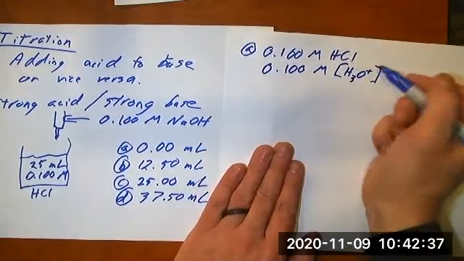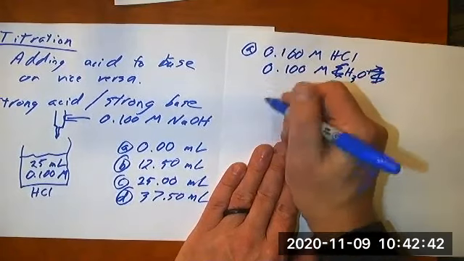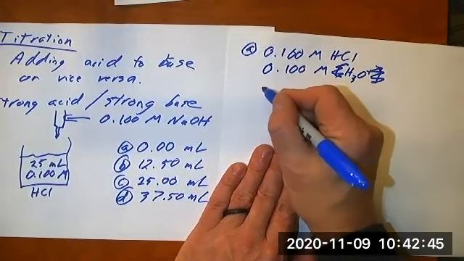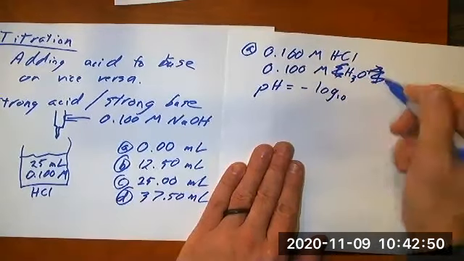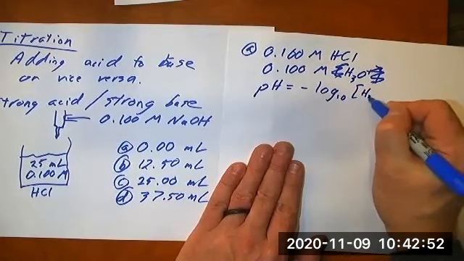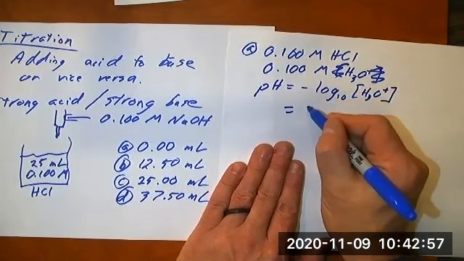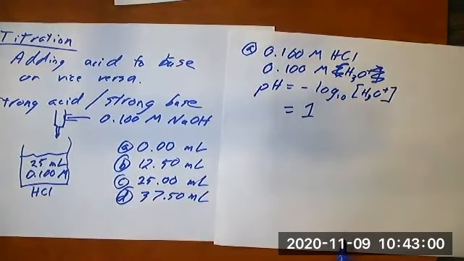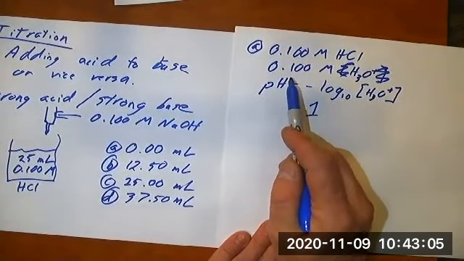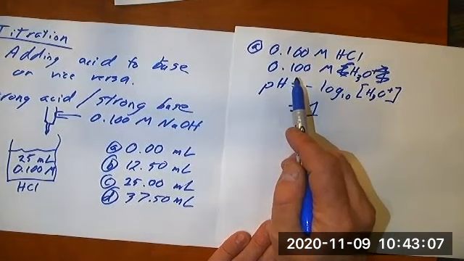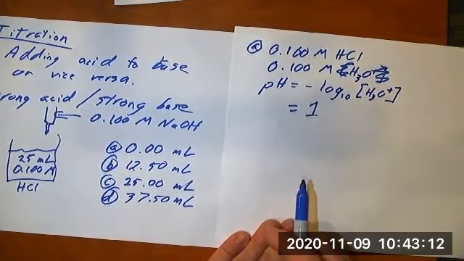So remembering that our pH is negative log base 10 of our hydronium ion concentration, then this is very simple. This is a pH of 1. Because 0.1 molar is 1 times 10 to the minus 1. And so our pH is 1 in this case.